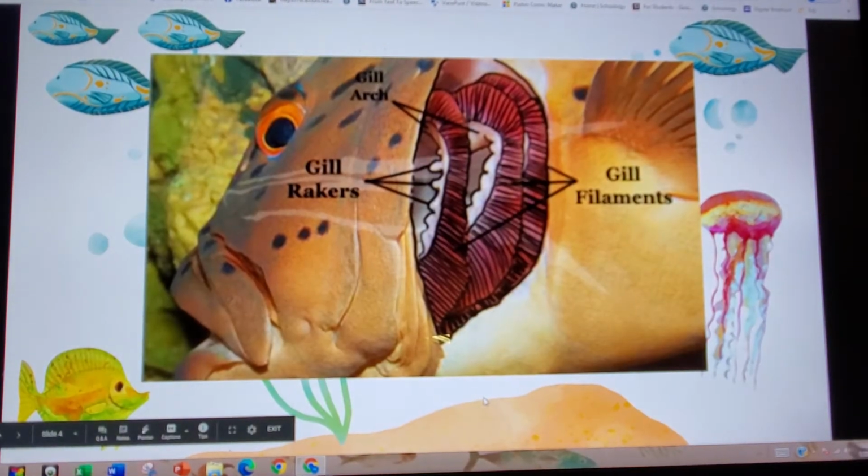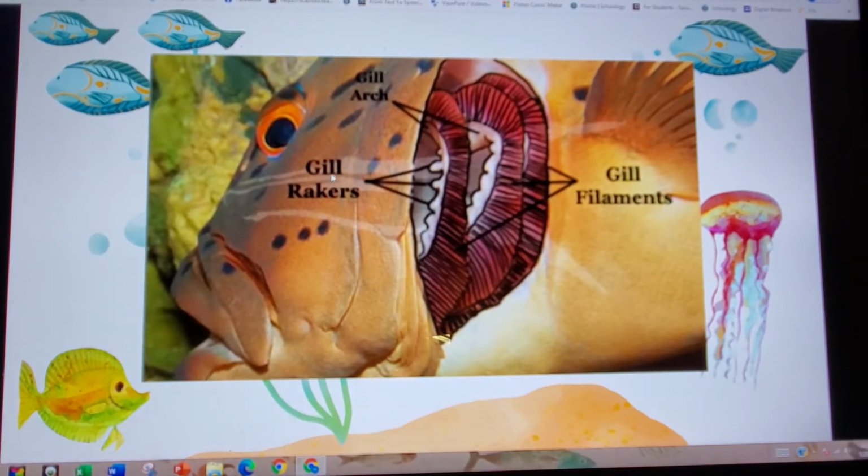Alrighty, so the water again comes in through the mouth. It goes over these gills. So these gills are sort of like a ruffle. If you took this ruffle and you flattened it out, it would be huge. But because it's in this ruffle shape, you can make it more compact, smaller.